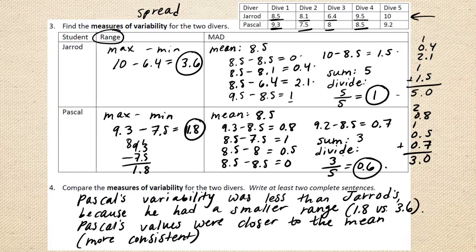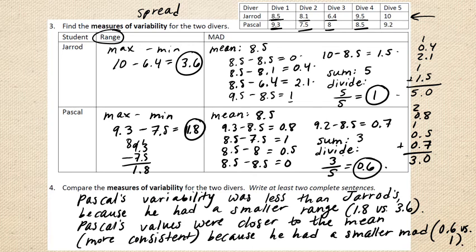So again, I'm going to write Pascal's values were closer to the mean, more consistent, because he had a smaller MAD. So again, in this case, 6/10 versus 1.